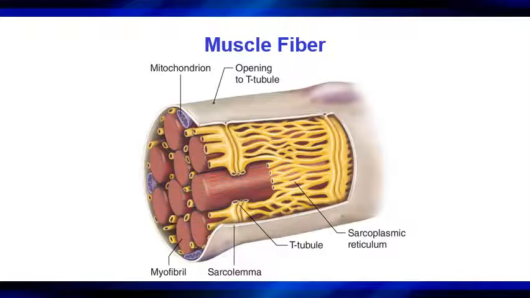Inside the myofibrils are what are called myofilaments, and those myofilaments are called actin and myosin. That's the smallest contractile unit, called the sarcomere, okay, and we'll get to see that when we break down the sliding filament theory, which is coming up next, which explains how muscle shortening and contraction occurs when we go to produce movement.